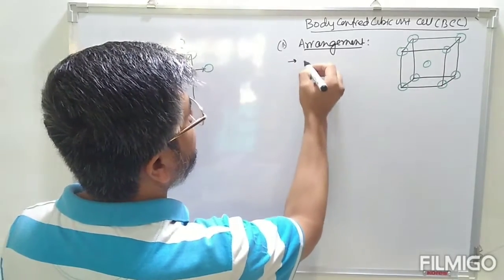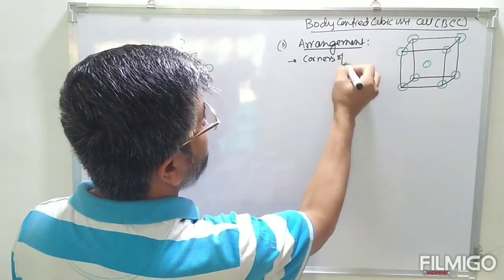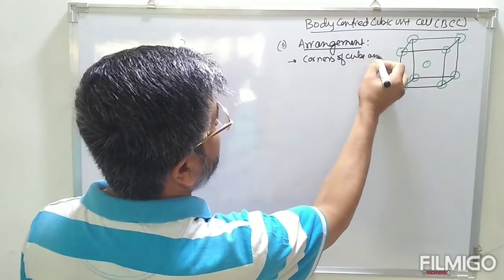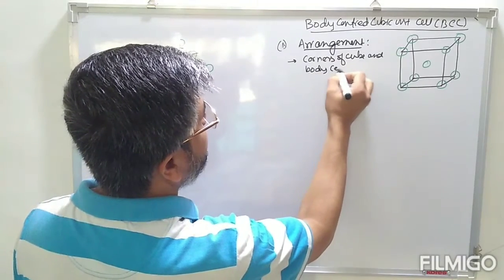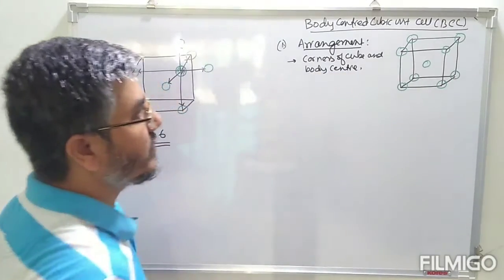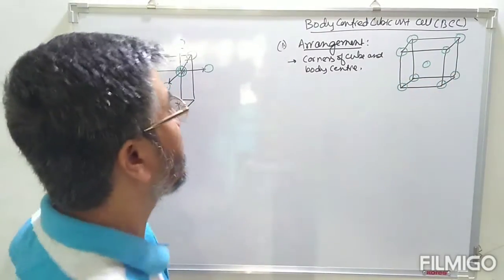So arrangement is corners of cube and body center. So we have spheres occupying corners as well as the center of the cube.